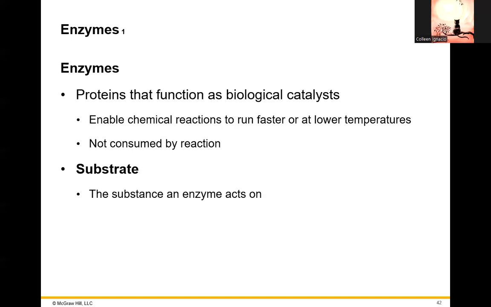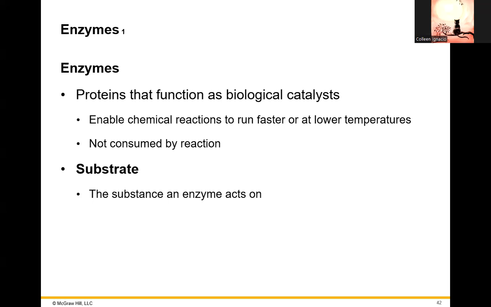Now let's talk about enzyme, which is a kind of protein, and it helps because it works as a biological catalyst. So this catalyst helps chemical reactions to take place, okay, in a more rapid fashion than if the enzymes were not present. The enzyme is not consumed or changed by this reaction, which is great.